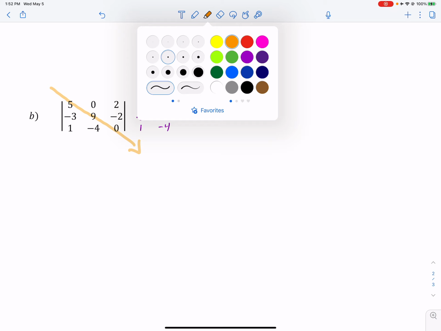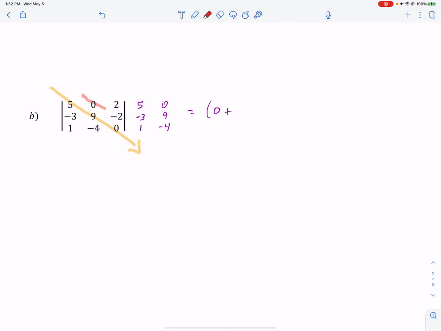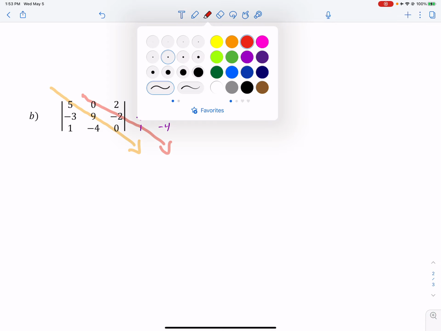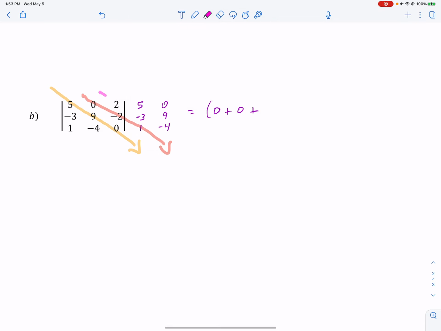And then switch to the second down diagonal, which is 0 times -2 times 1, which is 0. And then plus the third down diagonal, which is 24. 2 times -3 times -4.